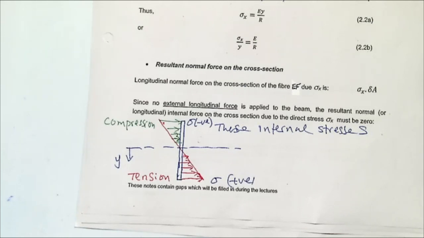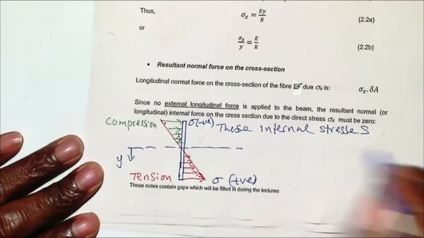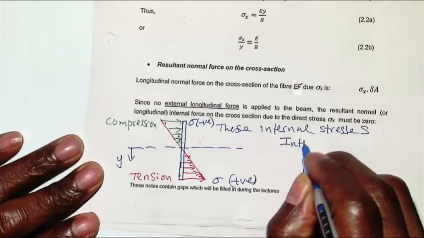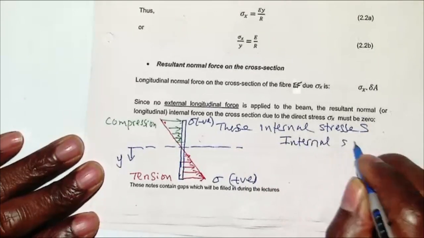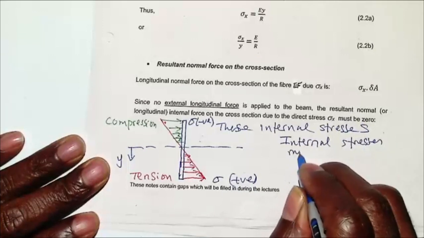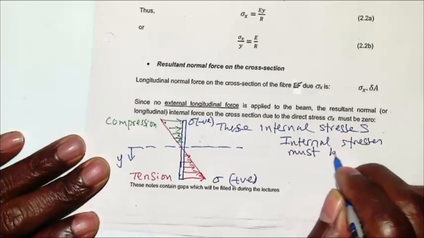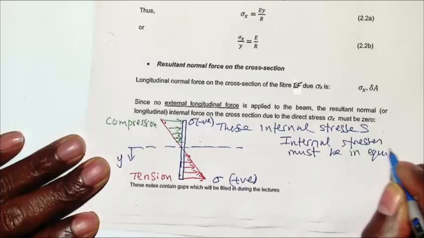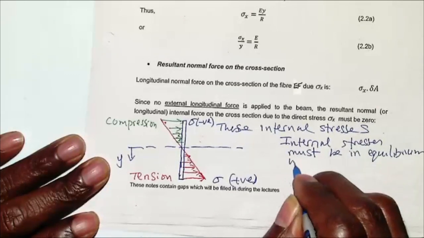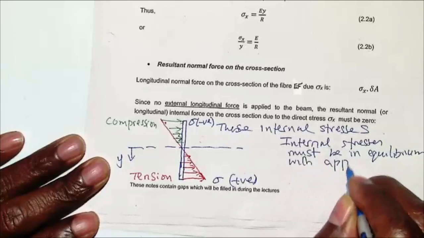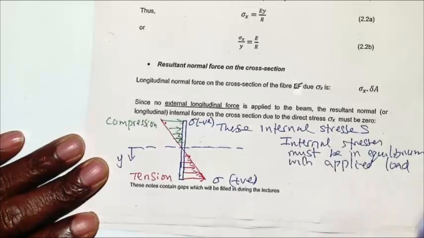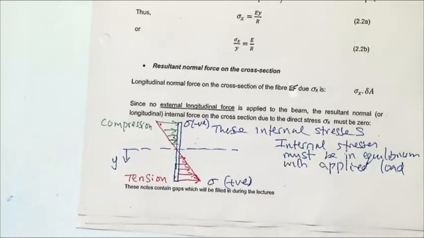We are trying to bend it, but we are generating some stresses along the length of the beam. The concept of equilibrium says that the internal stresses must be in equilibrium with whatever you are putting onto it.